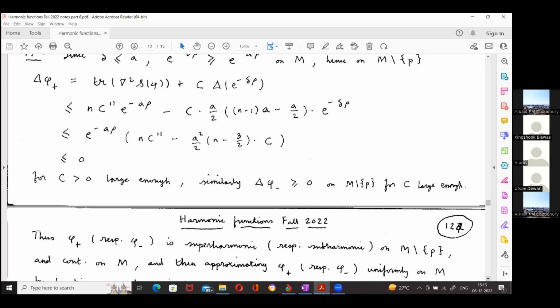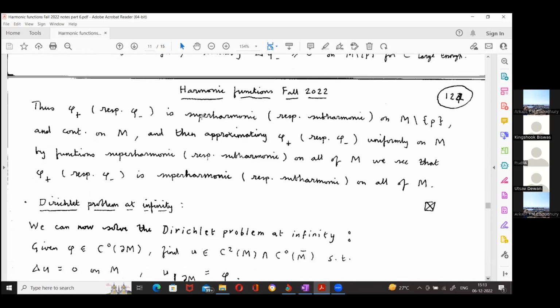So therefore, phi plus is superharmonic and phi minus is subharmonic on m minus p, and both are continuous on m. Therefore, it's easy to see, like we gave the argument last time, that phi plus and phi minus will actually be superharmonic and subharmonic on all of m, right? We did this argument before, right?